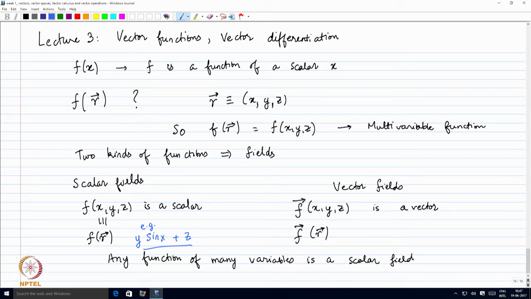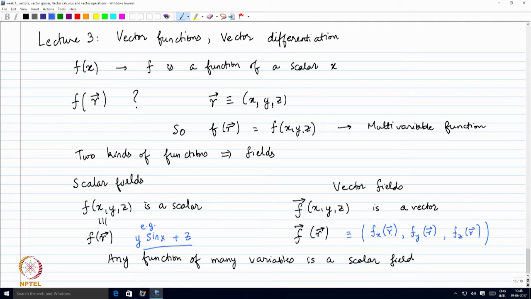What about a vector field? Now, since f is a vector, it will have 3 components. I will write the 3 components as f x, which is the x component of f and is a function of r, f y which is a function of r, and f z which is a function of r. So, there are 3 components to f, each of them functions of r. Each of these functions is a scalar field.